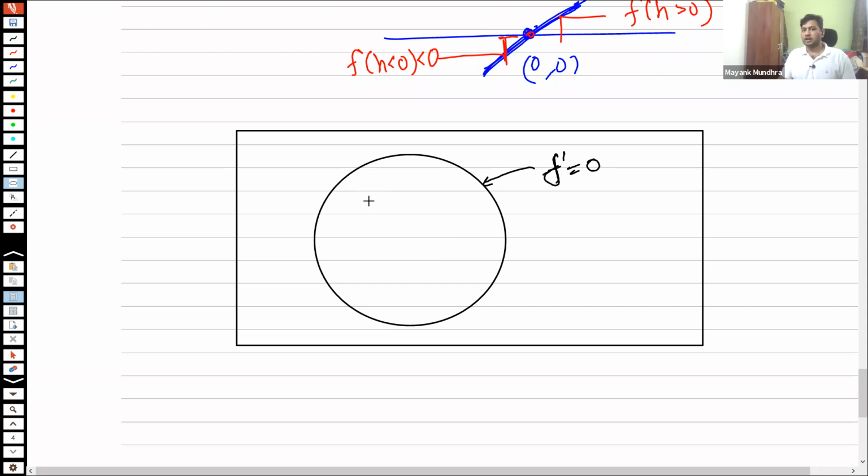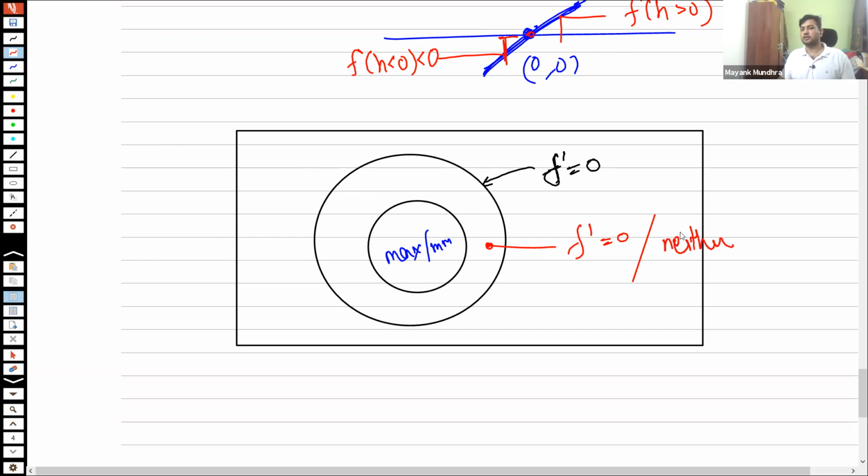And this will be the set of points at which you have either a maxima or a minima. So there are going to be points like this one where f prime is 0, yet neither max nor min.